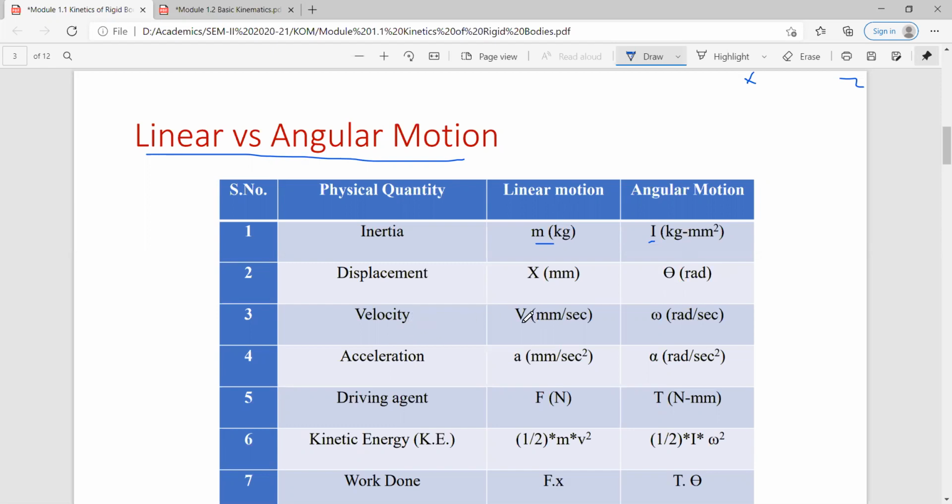Velocity unit is mm per second in linear motion, and in case of angular motion, we use the angular velocity omega, radian per second. Similarly, for acceleration, linear acceleration mm per second square, angular acceleration alpha, radian per second square.